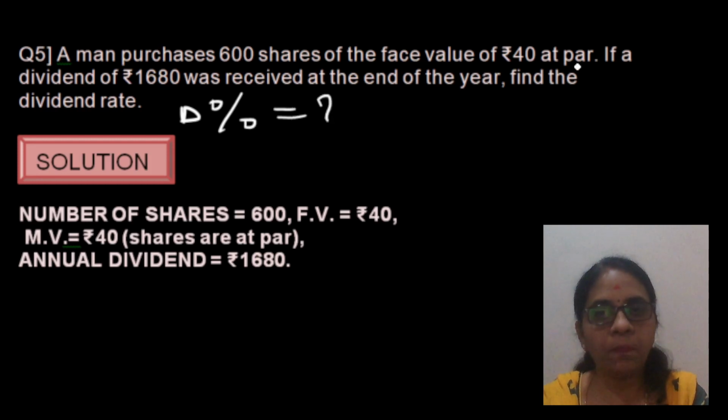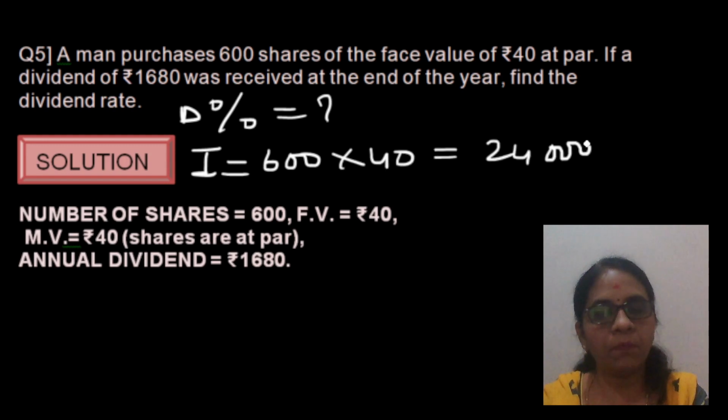Now, at par means the market value is also 40. In case the investment is asked, then you can find 600 into 40, which is 24,000. But for this question, the market value does not have any importance as such.